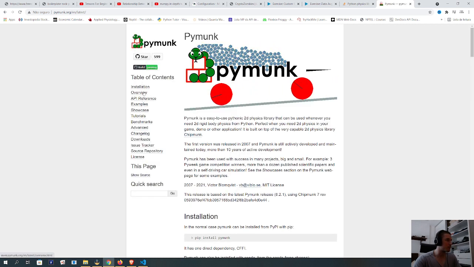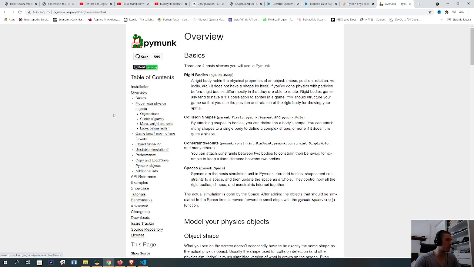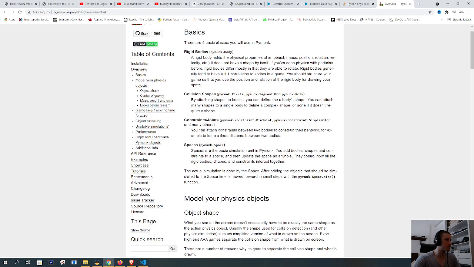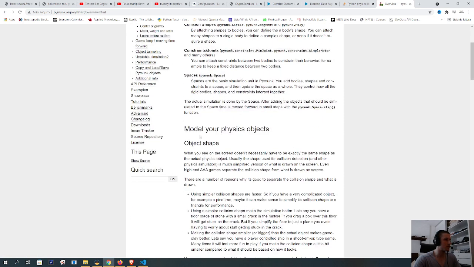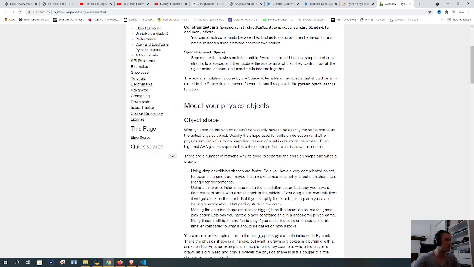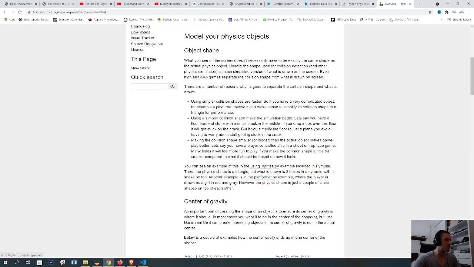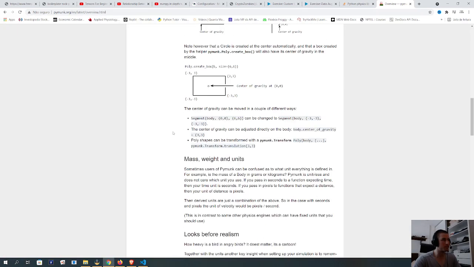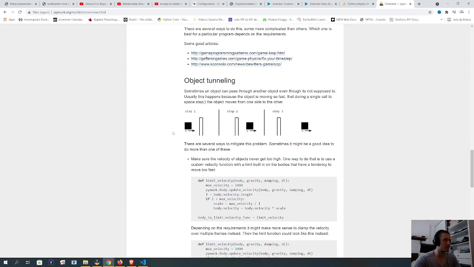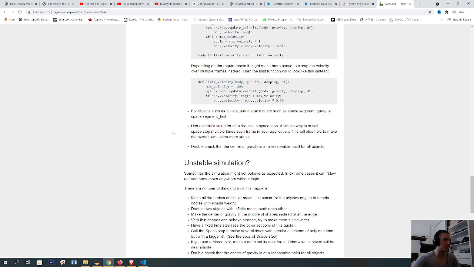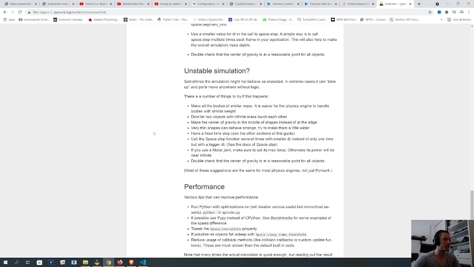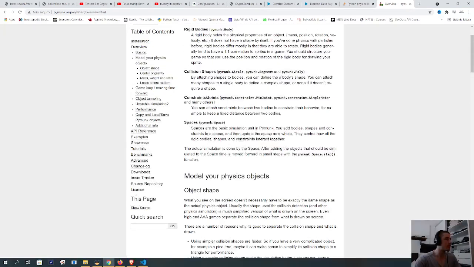Installation overview, API reference, source repository. So that's one. I think there might be more.